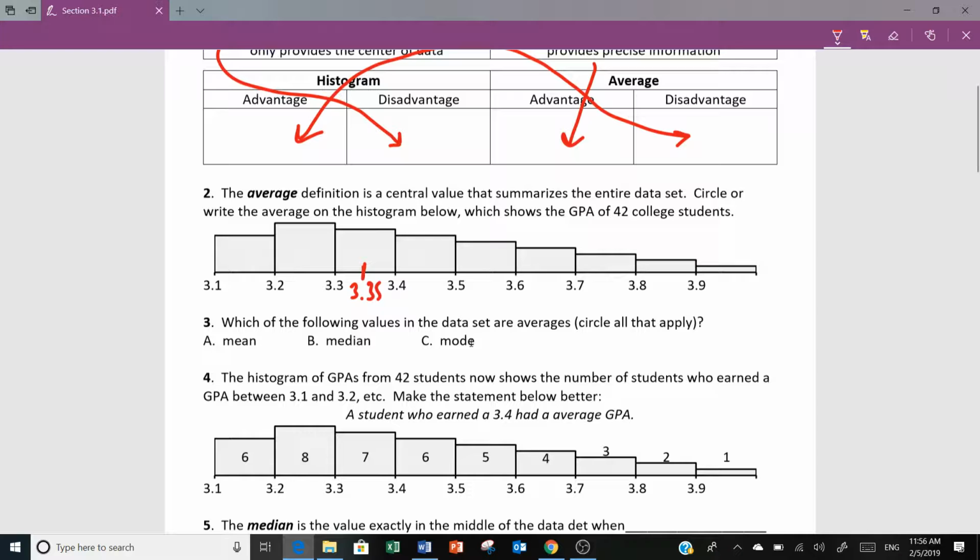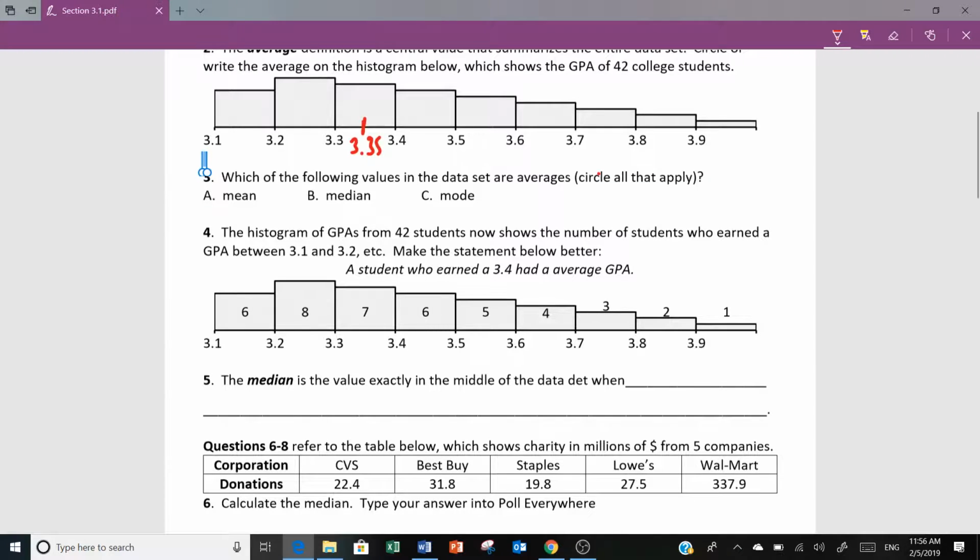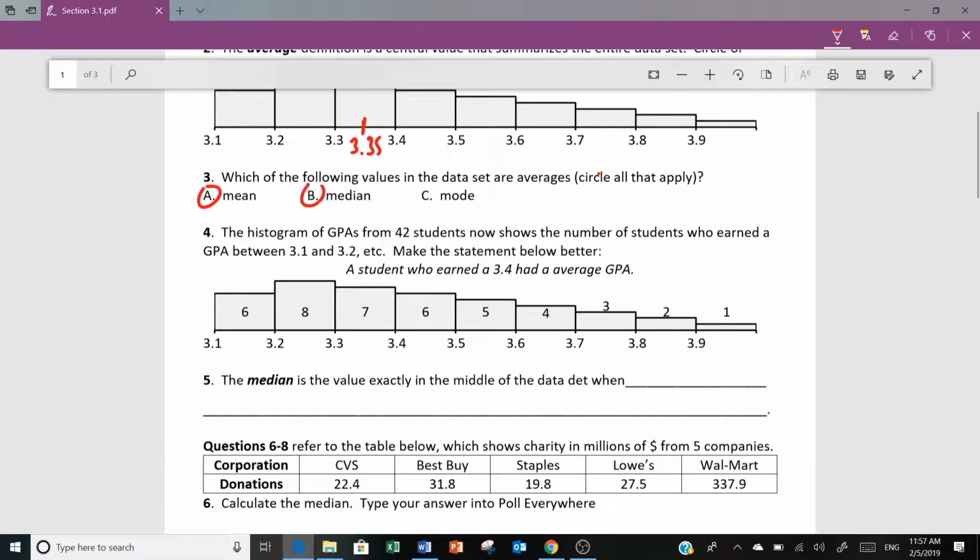Not that 3 is the answer. Well, it might be the answer. So it turns out that as far as the mean, median, and mode go, they're all in the middle. So they would all be averages. So make sure that you circle all of that.